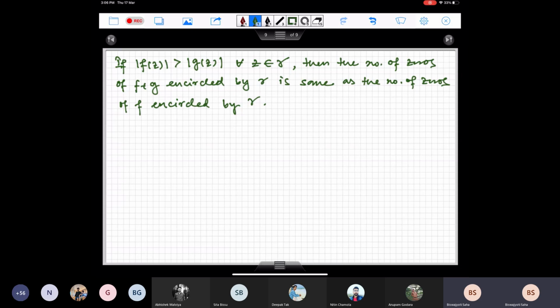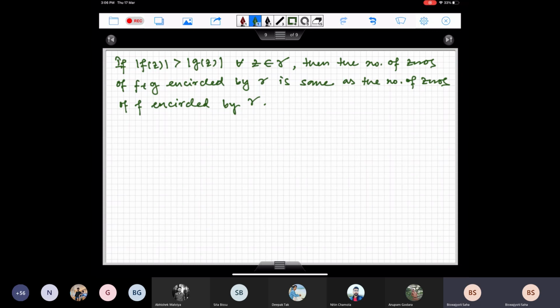So there will be certain circles, you will definitely get some circle, where the highest degree term is going to dominate all the lower degree terms. Once this domination happens, then you can apply Rouché's theorem, and you will get that within that circle your function is going to have n many zeros.